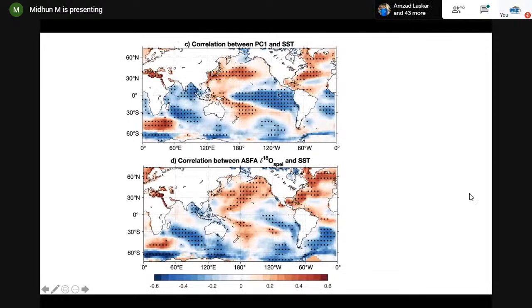And here we again see this kind of cooling in the Pacific and warming in the extratropics for PC1, as well as for speleothem delta 18. So overall, this kind of meridional temperature gradient, which means a cooler equator and warmer extratropics, creates this atmospheric dynamics and gives rise to more rainfall in the Indo-African region.